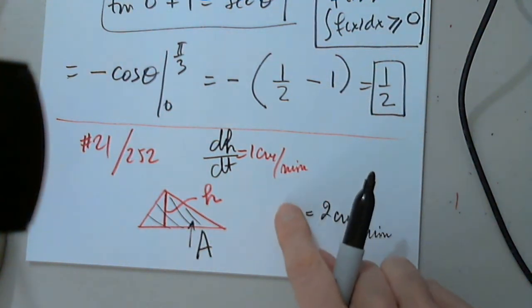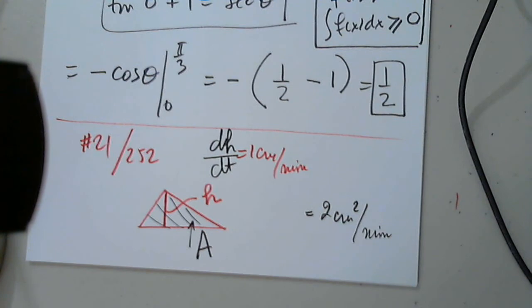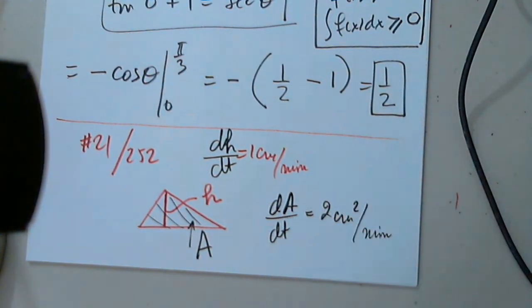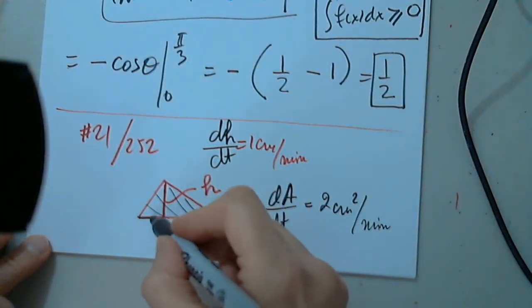So what does this represent? dA over dt. Awesome. Excellent.